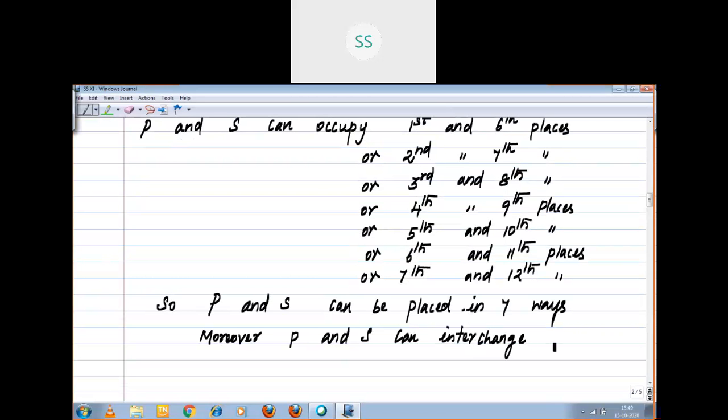They said in between P and S, 4 letters. That is the condition. So, P and S can interchange their positions among themselves.